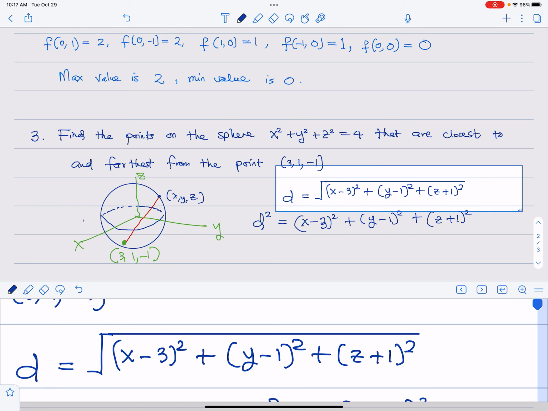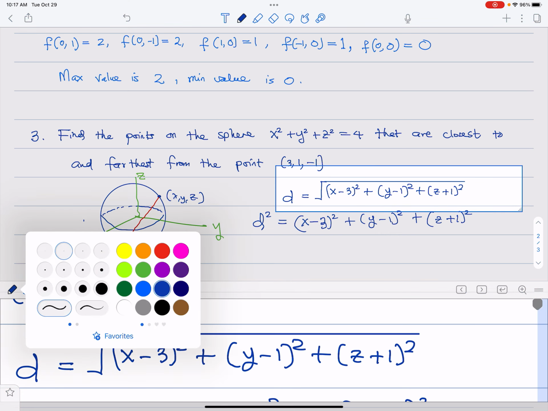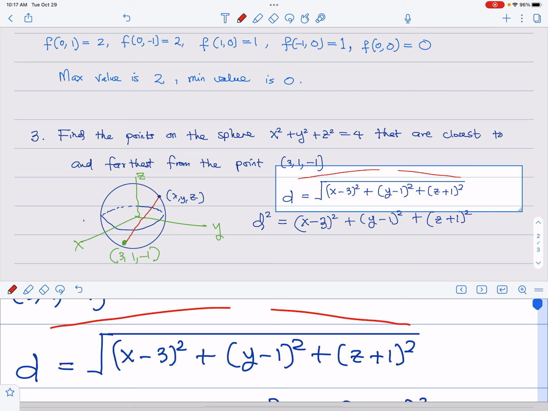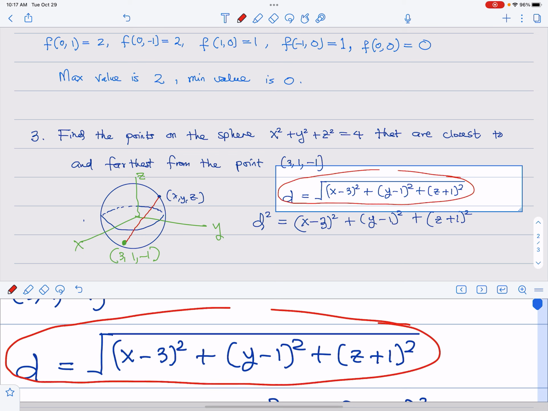So our goal is to maximize this function and minimize it. We want to find its maximum value, which will give us the farthest point, and we want to find its minimum value, which will give us the closest point.